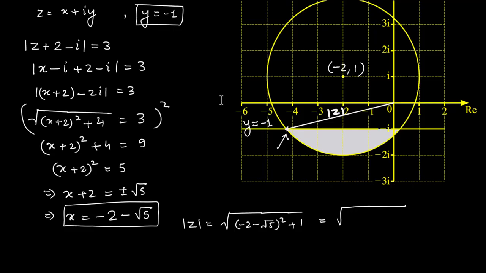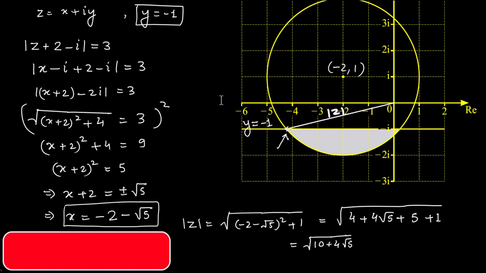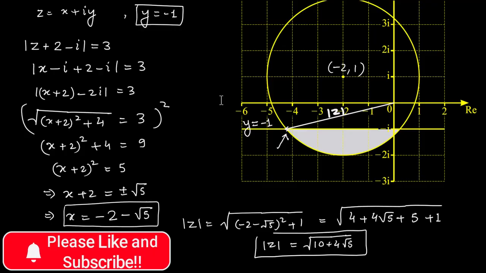Hence we simplify this: that is going to be 4 plus 2 times 2 root 5, that is 4 root 5, plus the square of root 5, that is 5, plus 1. And hence this becomes root of 10 plus 4 root 5, and that's the answer for the modulus of z.